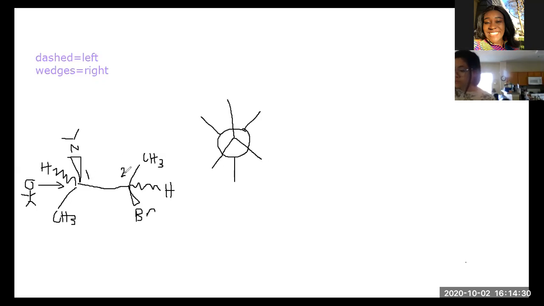So for the first carbon, it'll go on this front formation right here. When it's just a straight line, like the one holding the CH3, it'll either go up or down. So for this first carbon, it'll go here.